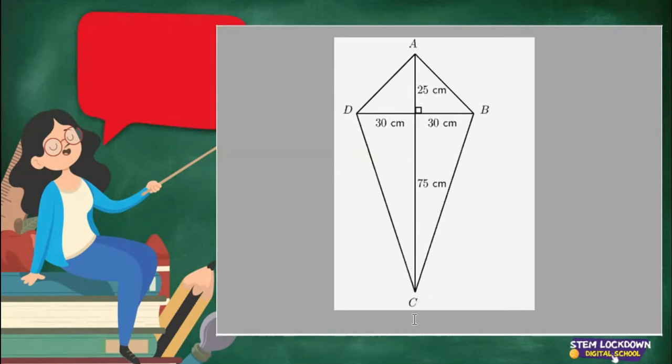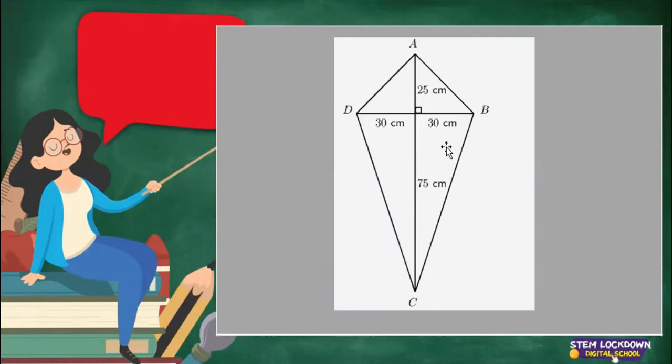To find BC, we use Pythagoras as well. BC squared equals 30 squared plus 75 squared.